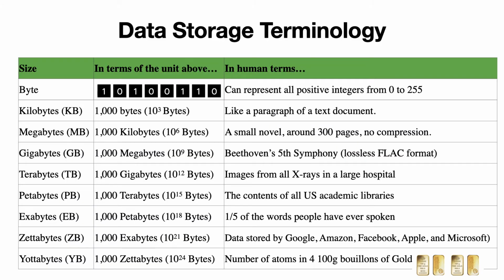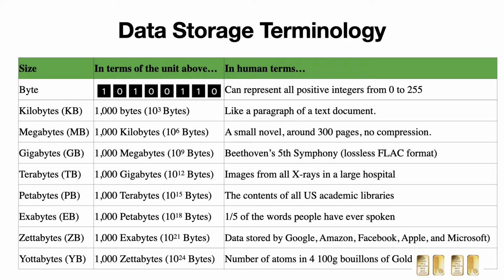So let's start with some terminology here to start clarifying things for those of you who are not so familiar with those terms. On computers, the basic unit of measurement for data is the byte.